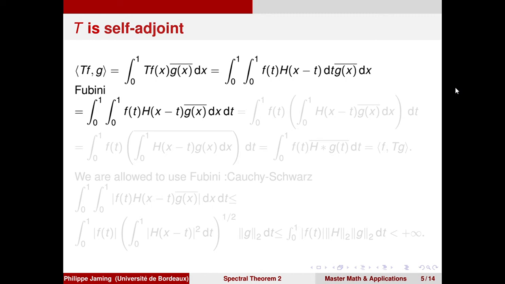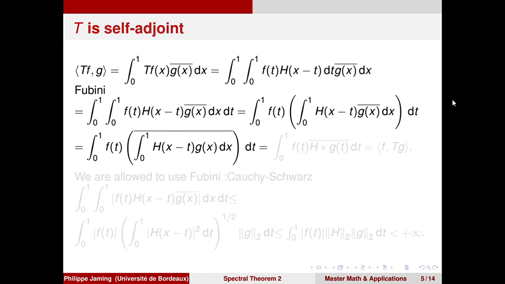Here f doesn't depend on x, so we put it outside the integral, which gives us the integral from 0 to 1 of f of t times the integral from 0 to 1 of h of x minus t, g bar of x dx, dt. What we do next is realize that h is real valued, therefore equal to its conjugate, so this bar goes over the whole integral.